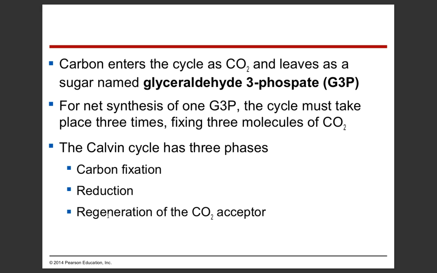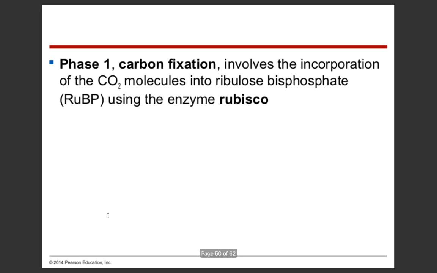I hope you got that. So the Calvin cycle has 3 main phases: the carbon fixation stage, the reduction stage, and the regeneration of the CO2 acceptor stage. 3 stages, okay? Each textbook calls them something a little bit different, which is why that picture calls them different steps, but what's happening is still the same. Cool, okay.